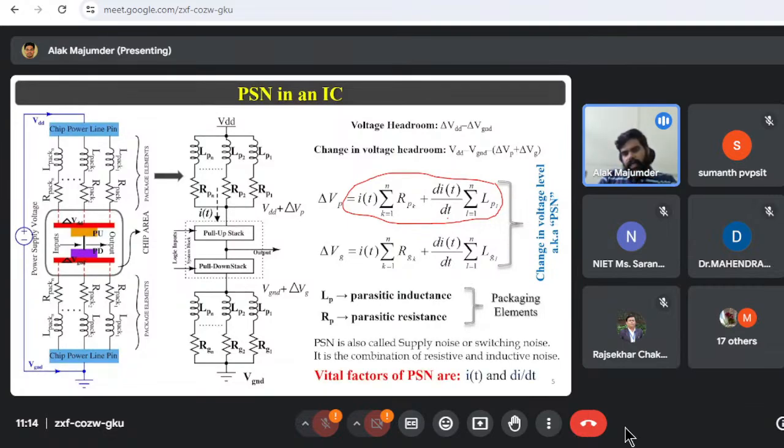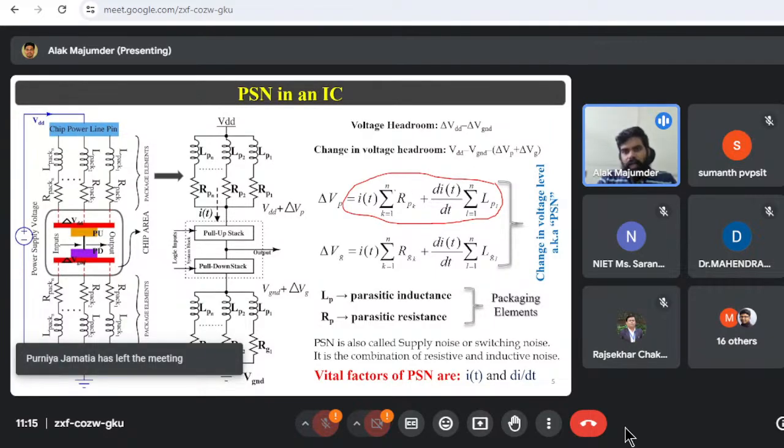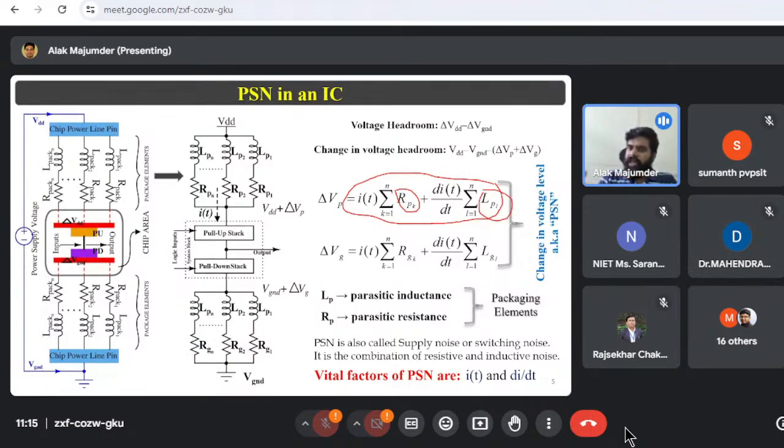Now, there are some important things. Because the supply noise is R into I(t) plus L into dI/dt, you can reduce R and L, and the value of PSN will decrease. But the problem is that R and L are coming from elements which are part of the power delivery network.